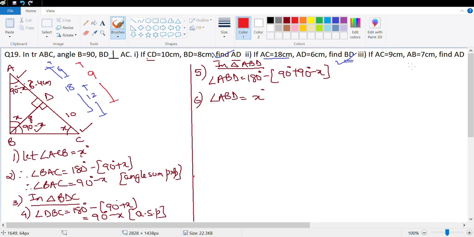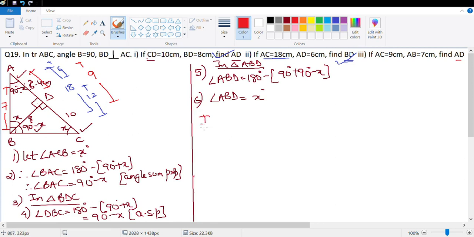AB is given as 7. So I'll have to prove the big triangle ABC similar this time. We need to find AD. So let me try and prove ABC similar to ABD.